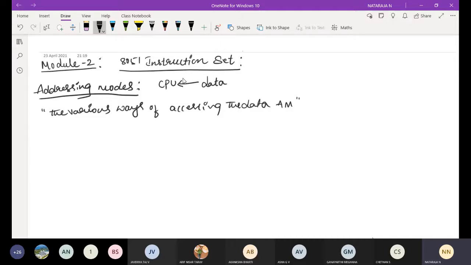What exactly is addressing mode? We'll take an example of how we are going to deal with an addressing mode. This is my example. First, in the addressing mode, we have a label. Each one we will discuss later. This is a label and this is the mnemonic.